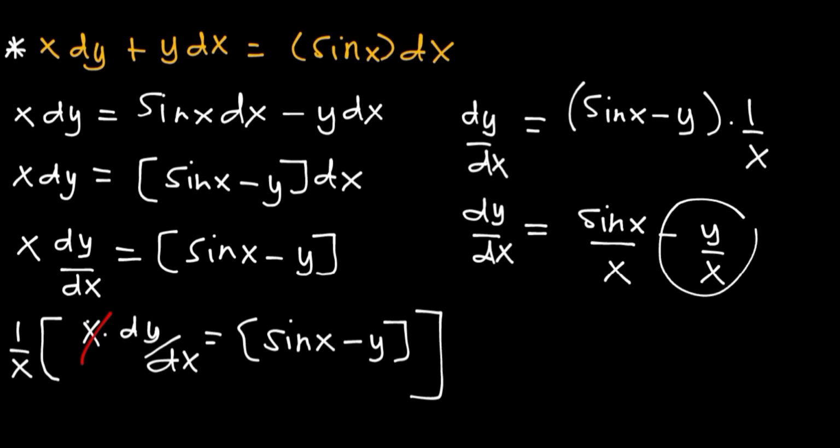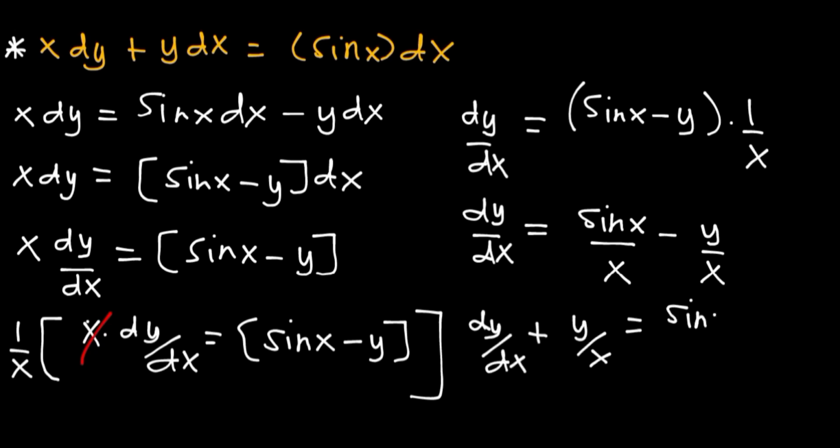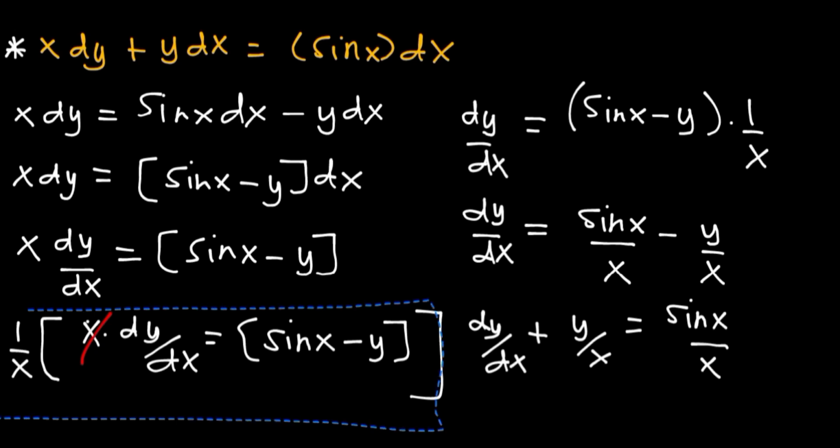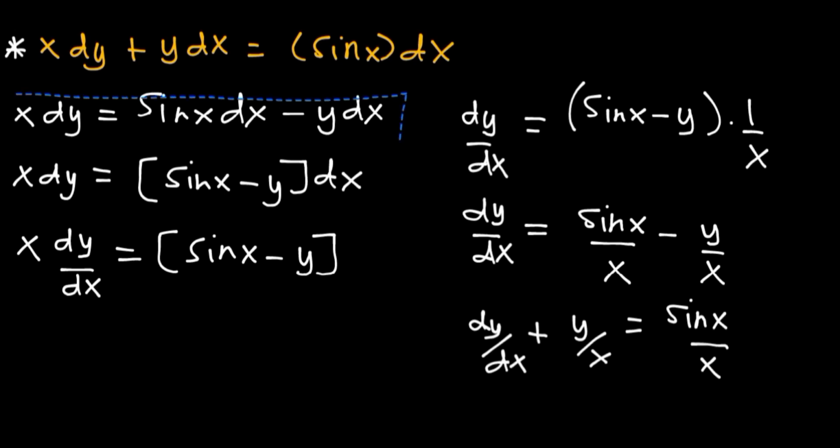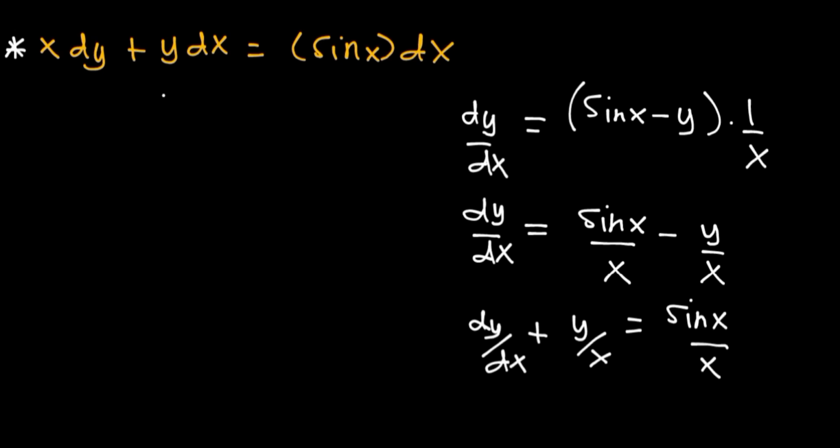So we're going to take this back inward, that is to the left hand side of this equation. So that would give us dy dx, and here we're going to have a positive y over x. That is equal to sine x divided by x. So this is going to give us dy dx plus 1 over x multiplied by y.